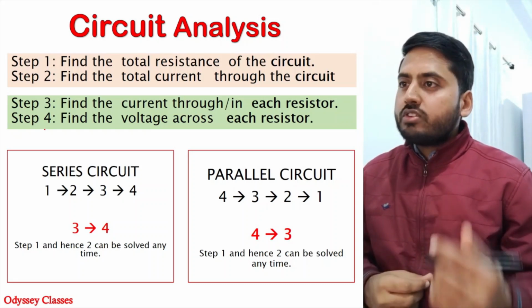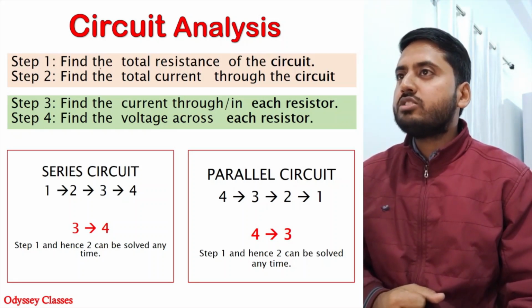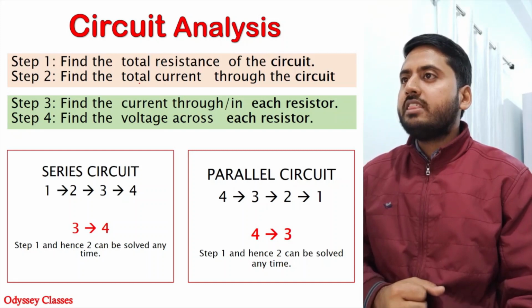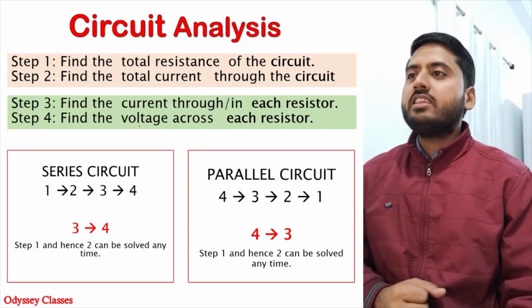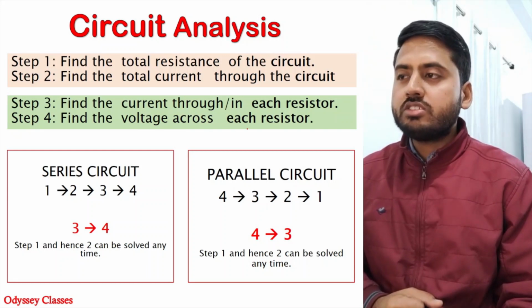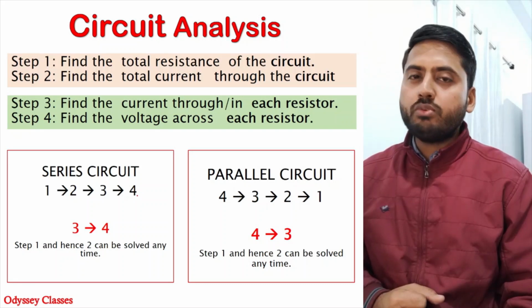So in case of a series circuit, you have to simply start with the first question, that is to find the total resistance, then find the total current, then find the current in each resistor, and then find the voltage across each resistor. That is step number 1, then 2, then 3 and then 4.